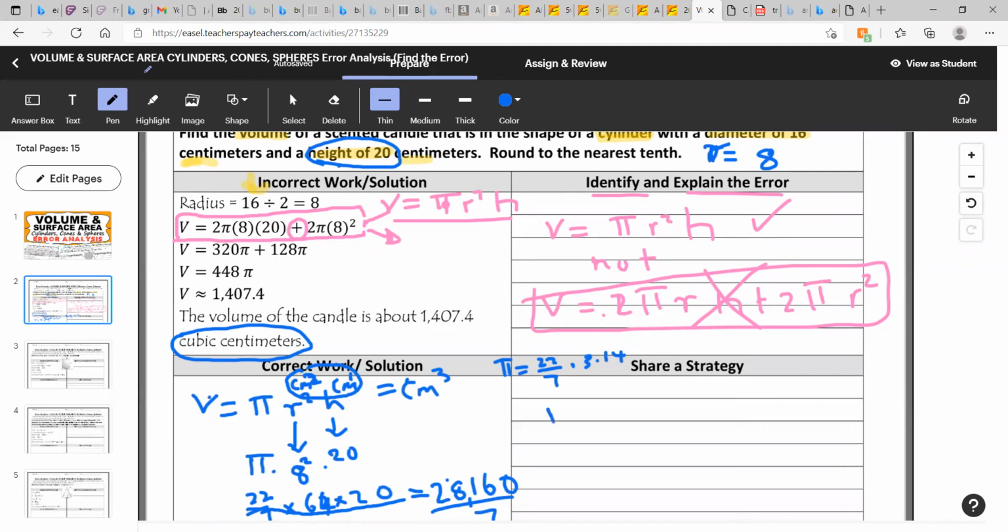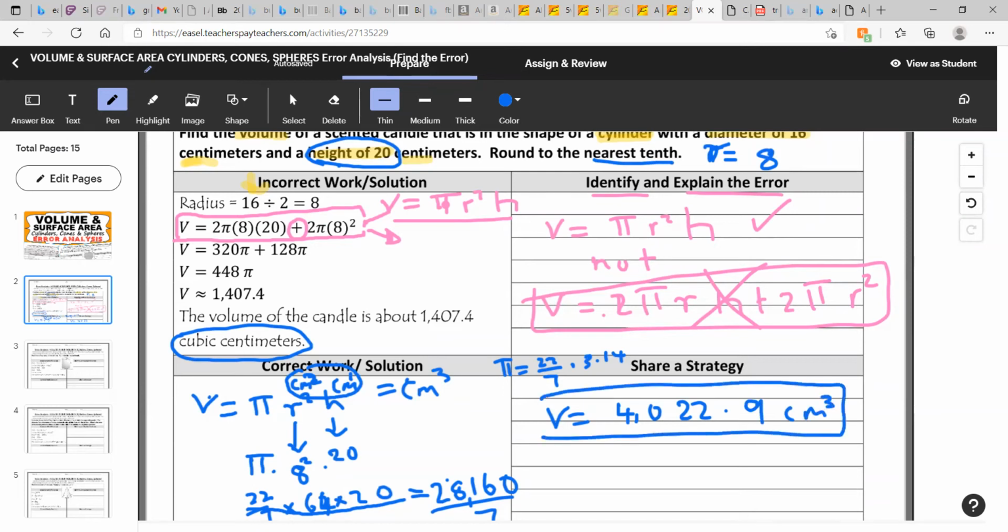So the volume would be 4,022.9, since our answer has to be in the tenths place, one decimal place, centimeters cubed or cubic centimeters.